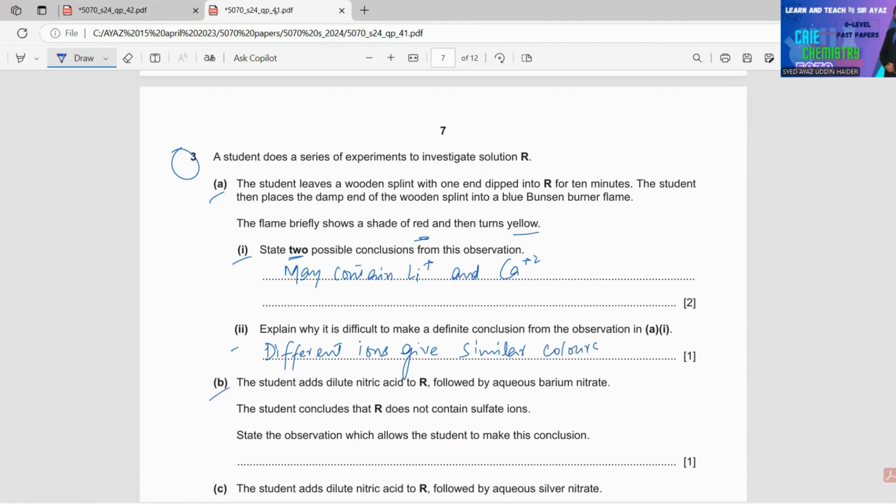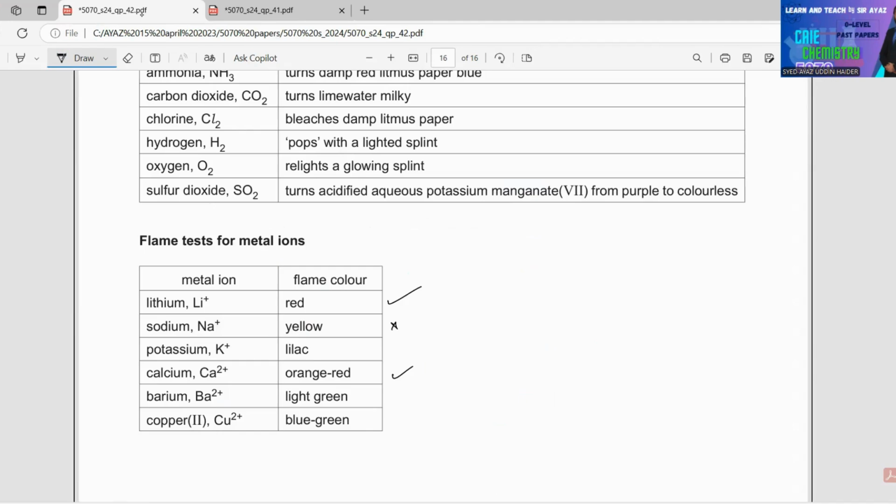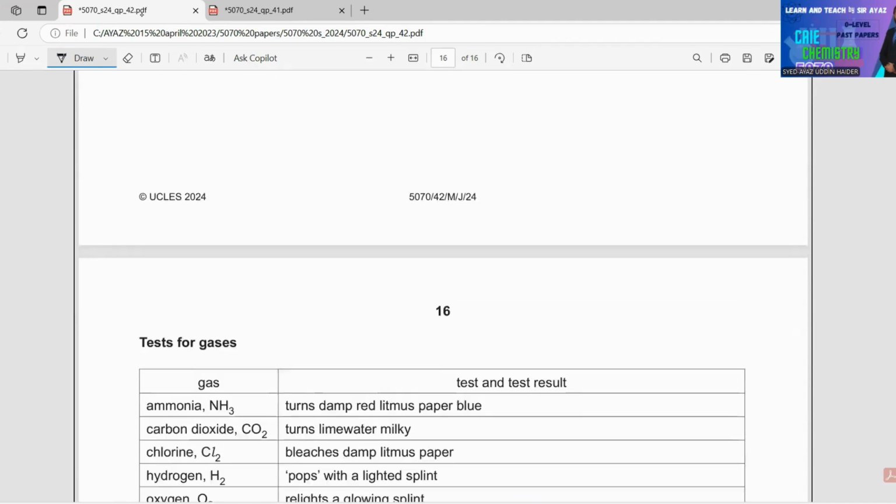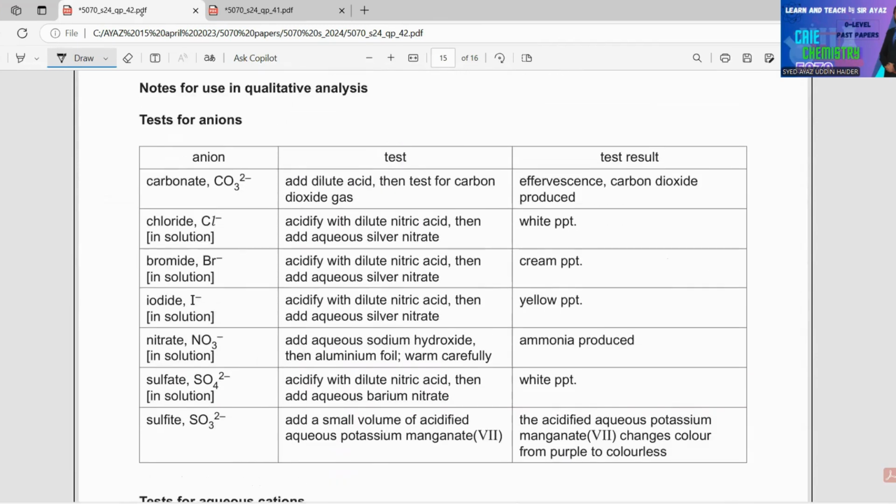B. The student adds dilute nitric acid to R followed by aqueous barium nitrate. The student concludes that R does not contain sulfate ions. State the observation which allows the student to make this conclusion. If you look at the test for sulfate ion, where is sulfate ion? It must be among negative ions, that is anions.